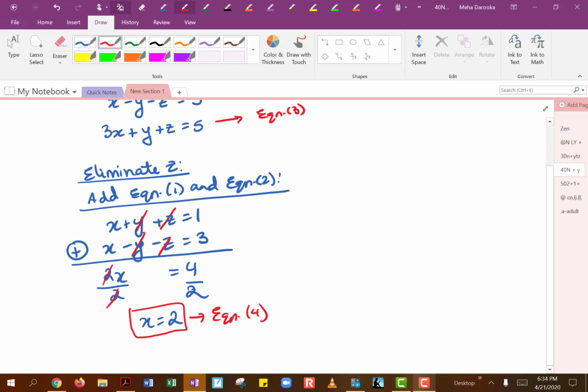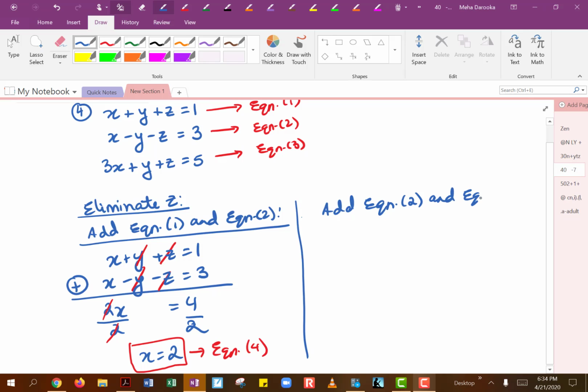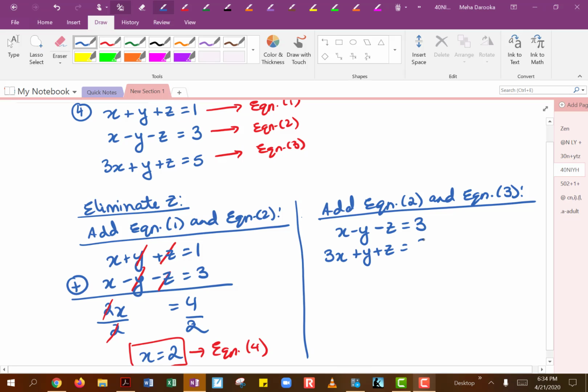So this will be equation 4. Now since we need to use equation 3 also, how about we go ahead and add equation 2 and equation 3 and see what happens. So that's x minus y minus z equals 3, 3x plus y plus z equals 5.